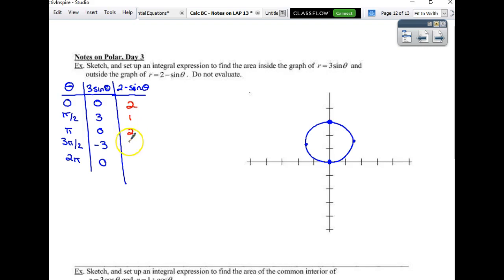At 3 pi halves, 2 minus negative 1 is 3. And then 2 again. So let's graph those points. 2, 1, 2, 3, 2. So we get a shape that looks something kind of like that.